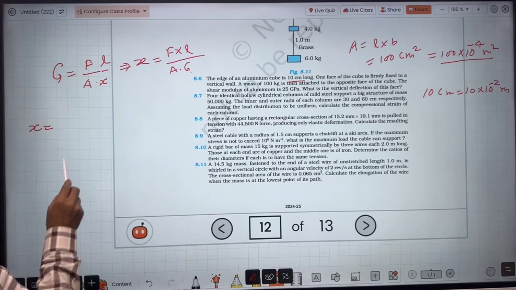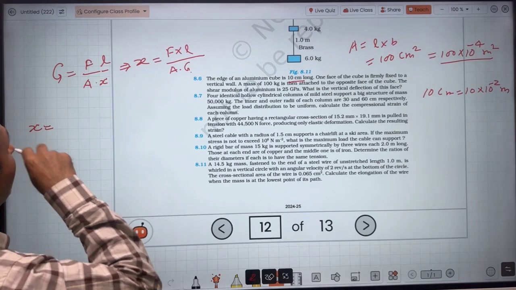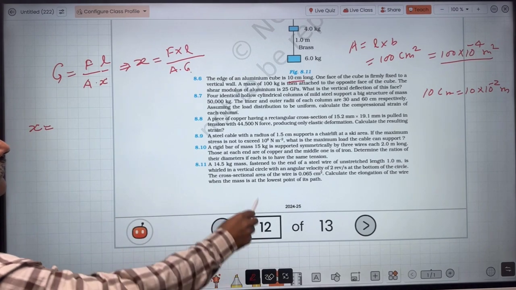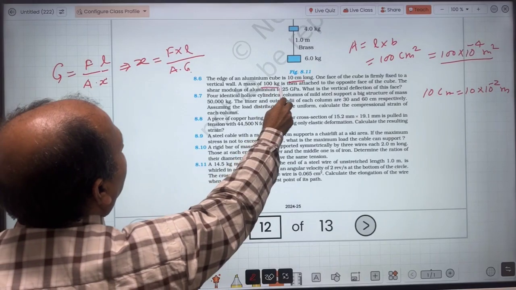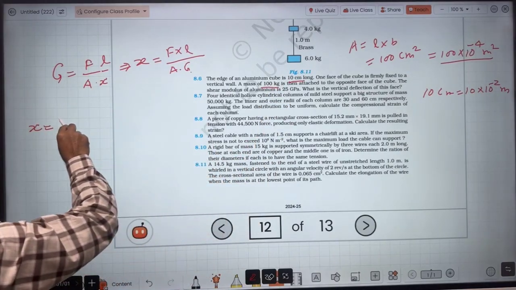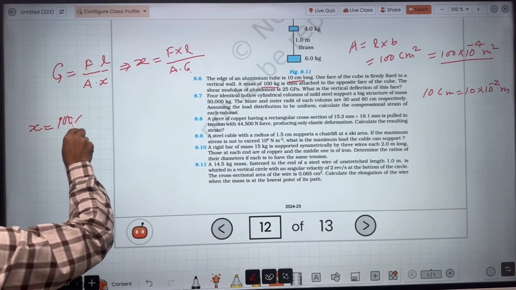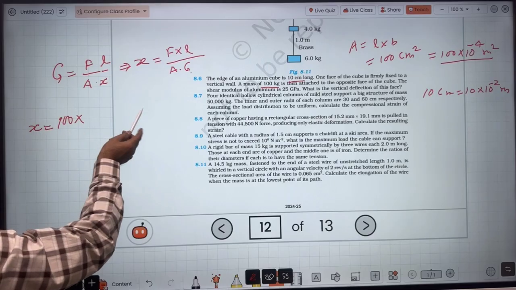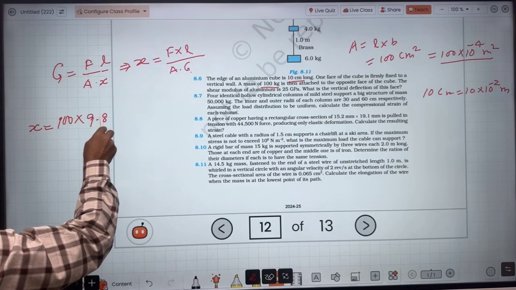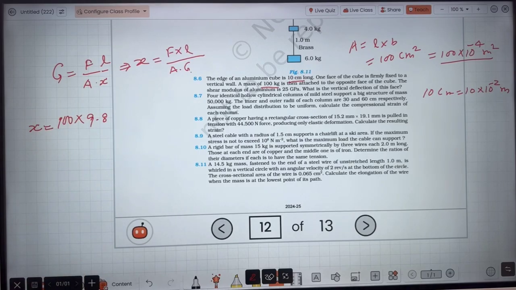So let's write it, x equals F. So F in our question is 100 kg times, so just write 100 into, either you write 9.8 or just 10, it depends on you.